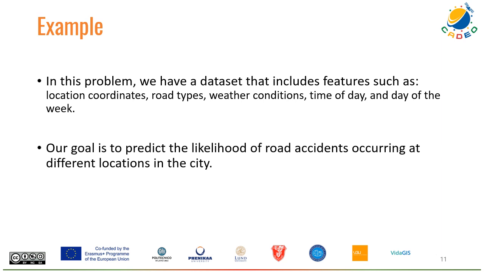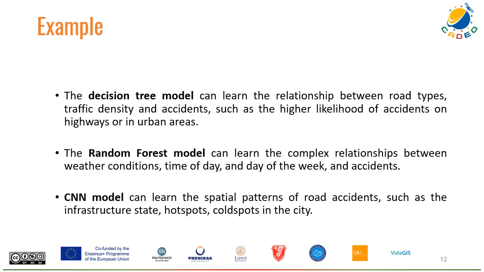In this scenario, different machine learning models can be utilized to learn various aspects of the relationship between features and road accidents. Here we will consider three base models. The first one is a decision tree model. This model can effectively learn the relationship between road types, traffic density, and accidents.